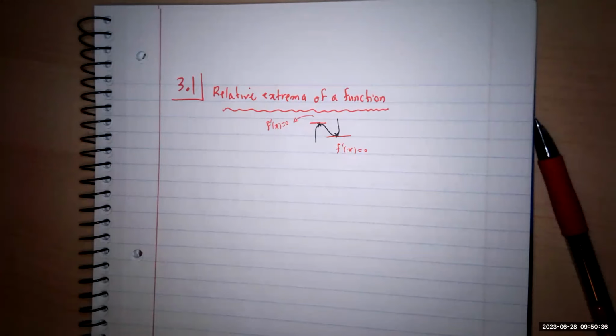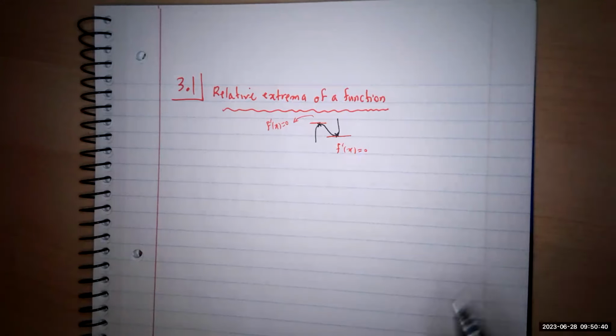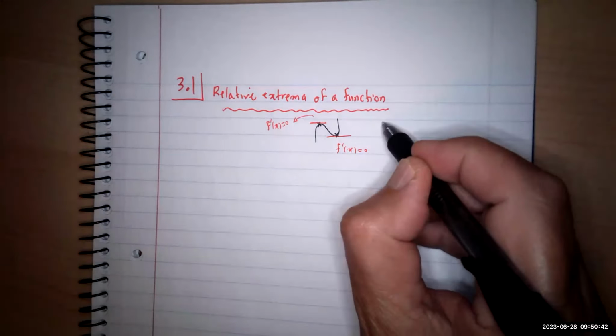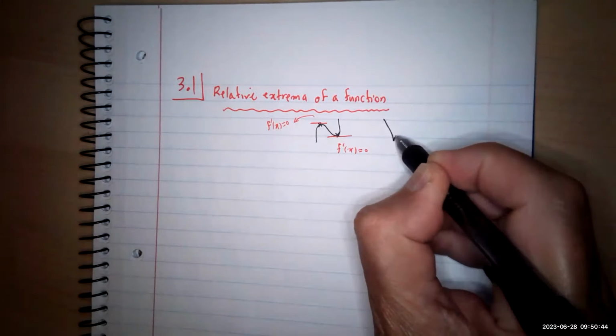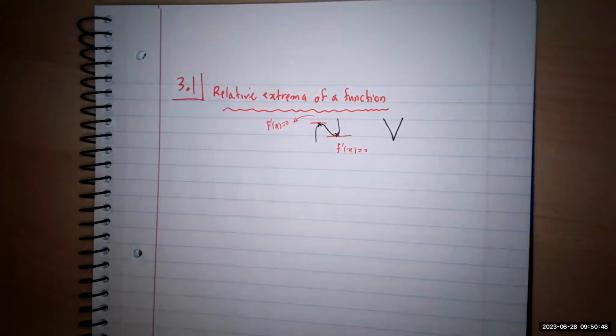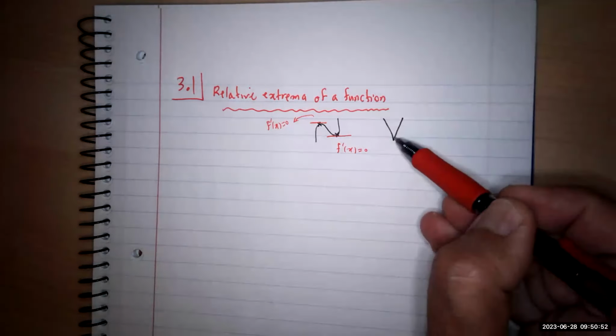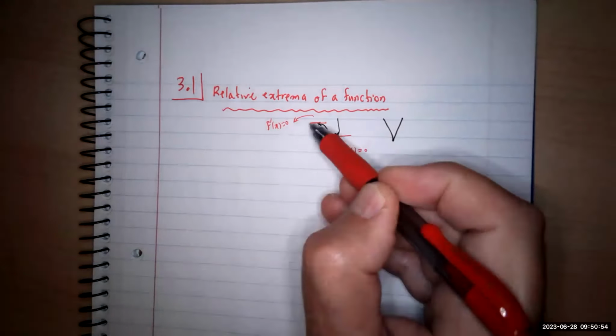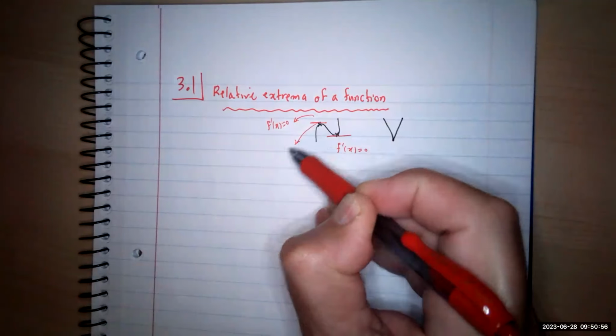So this is one way to do it. But there is another case. Remember those functions with a sharp corner? If this is the graph of your function, of course, this is the bottom of your function. So that's a minimum. And in this case, you see, that was a maximum.